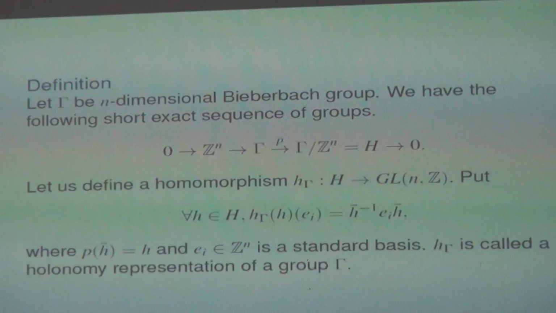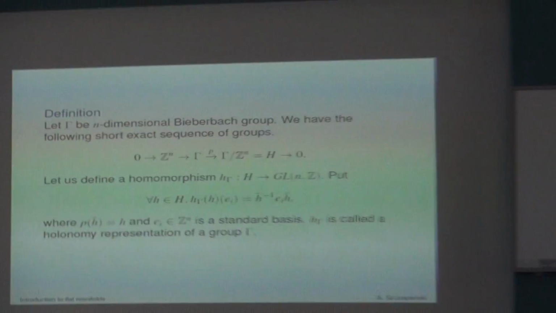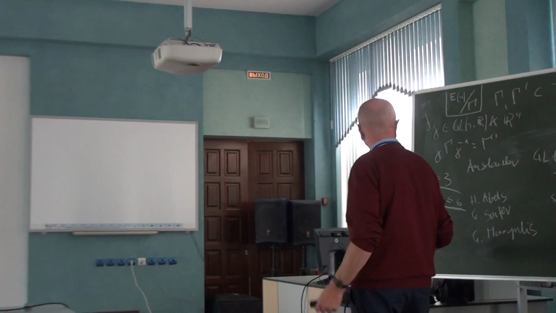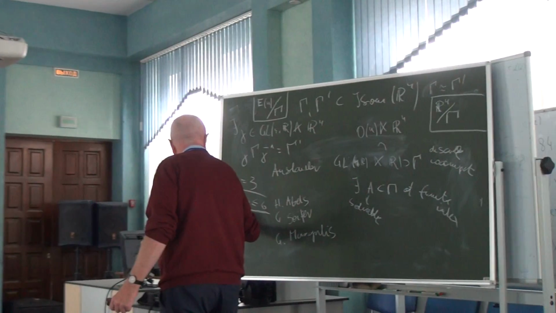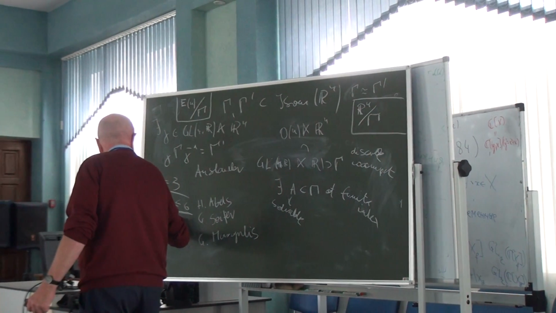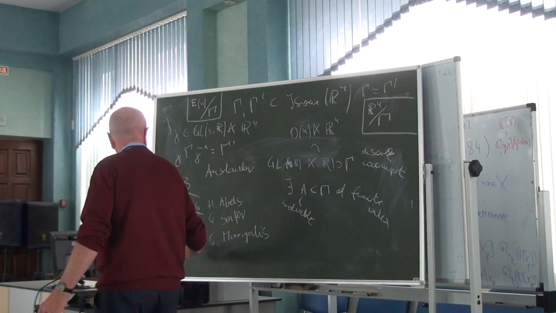So if we look at these crystallographic groups, now Bieberbach groups, because we shall consider mainly the torsion-free case, we can try to classify such short exact sequences. It is from a basic algebra course that this is equivalent to some element in the second cohomology group.